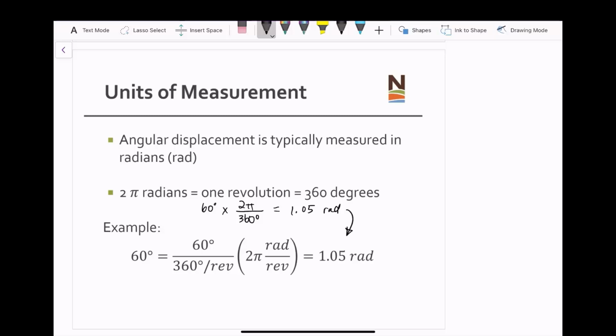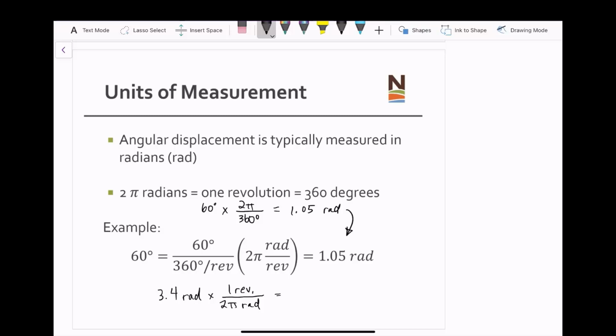Similarly, if we had, for example, 3.4 rads, and we wanted to convert this into revolutions, what do we do? If we have rads on top, we have to multiply by rads on the bottom. So that's typically in terms of 2 pi. And for every 2 pi radians, there is 1 complete revolution.